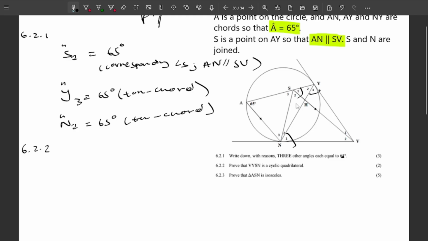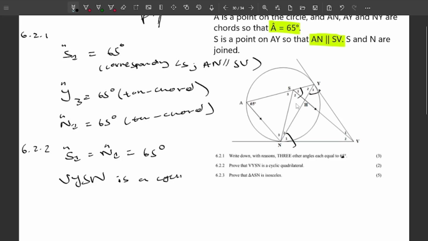So the reason why I'm doing this now, guys, is because I want us to be sure that we don't have a simple way to do it before we do the tough calculations in order to find the angles, you know. So since I know that angle S1 is equals to angle N1, right, because both of them are equal to 65 degrees, then I can say that VYSN is a cyclic quad.